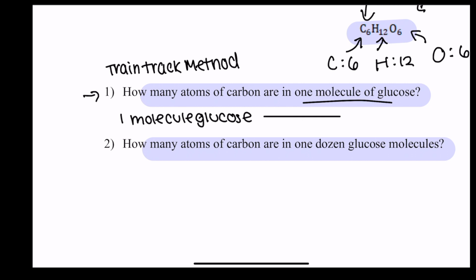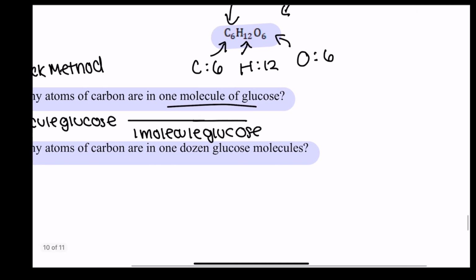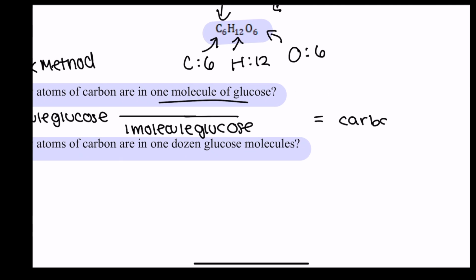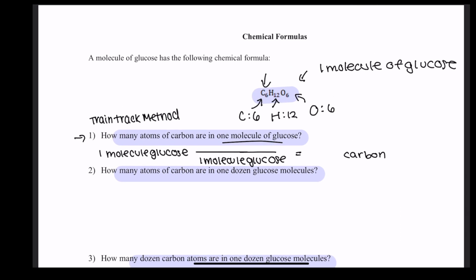Since we want to cancel that one molecule of glucose out, I'm going to put it on the bottom, and our desired unit is carbon. Above, I showed you the amount of atoms in one molecule of glucose, and we found there are 6 carbons in one molecule. So I'm going to put 6 carbon, cancel this out, and 1 times 6 equals 6 carbons.